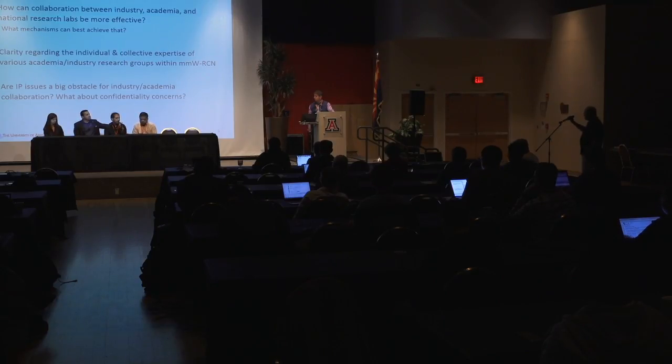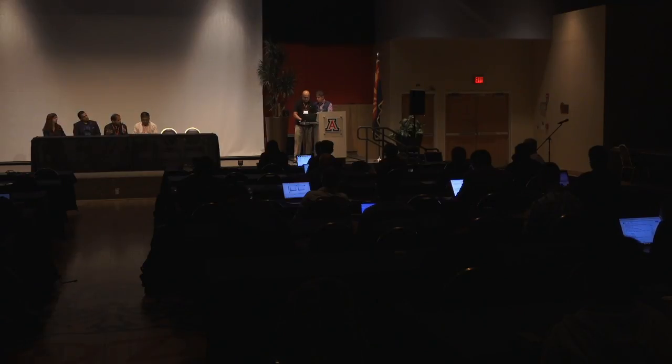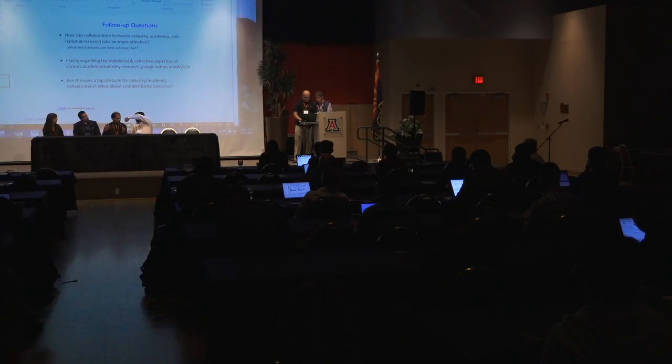So I guess the other thing, though, is, as they all pointed out, there's a bunch of stuff out there, right? It's just that for somebody starting out, it's hard to find it. So the question would be, if the RCN website were a repository of information where people would post their latest results, whether from industry or academia, there have to be people in charge of it, and maybe recruit volunteers from the student body.